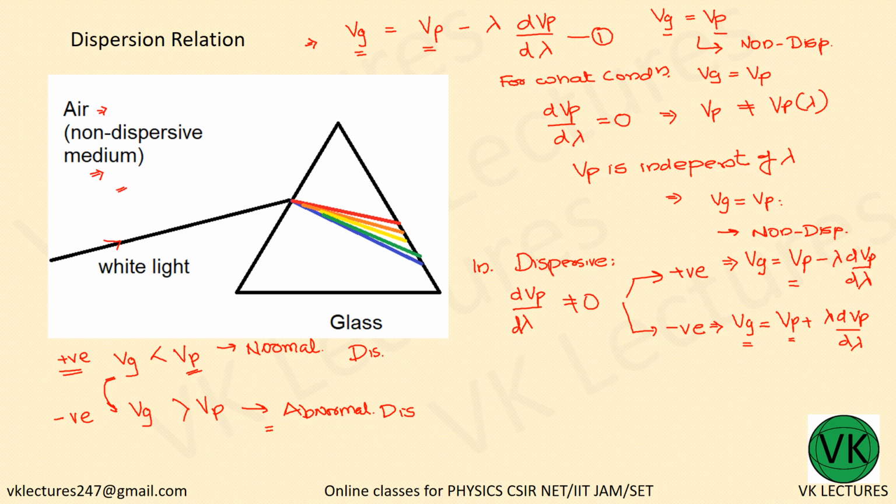Now in this figure there is a white light moving through a non-dispersive medium. That is why we are not able to see any distinct colors. Now once it passes through the dispersive medium, all the colors are moving with different velocities.